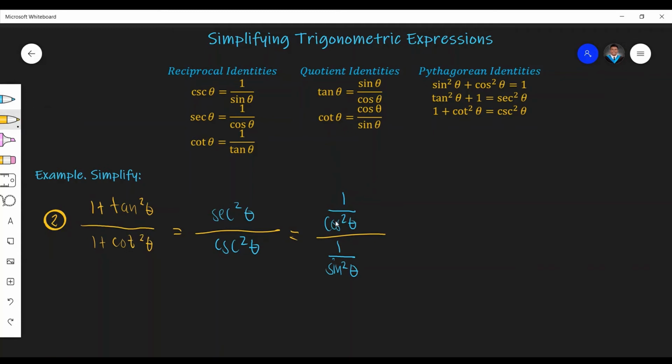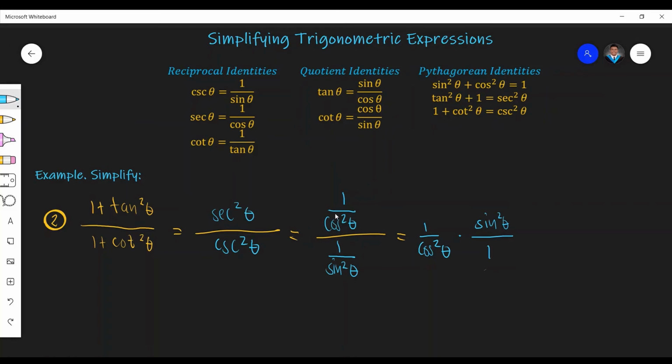Alam naman natin na we are going to divide two fractions. Ang gagawin lang natin is we are going to multiply the numerator, which is 1 over cosine square theta, times, of course, the reciprocal of the denominator, which is sine square theta over 1.